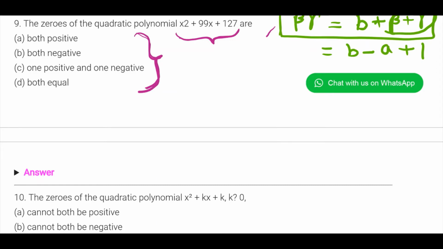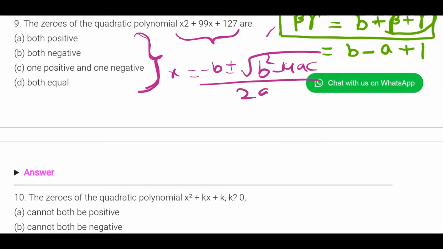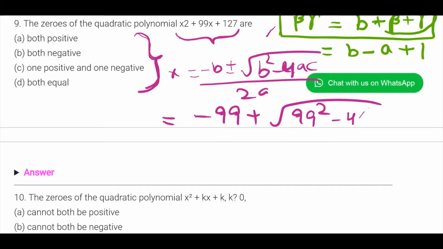So we'll apply the quadratic formula: x equals minus b plus or minus root of b square minus 4ac, by 2a. That equals minus 99 plus or minus root of 99 square minus 4 into 127, divided by 2 into 1.